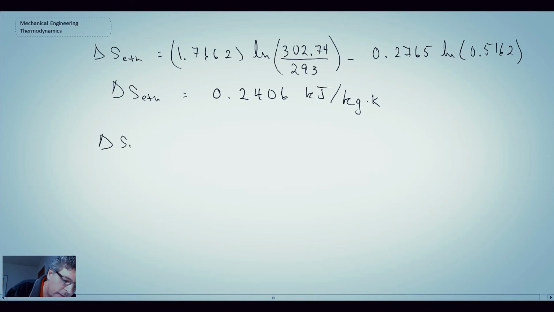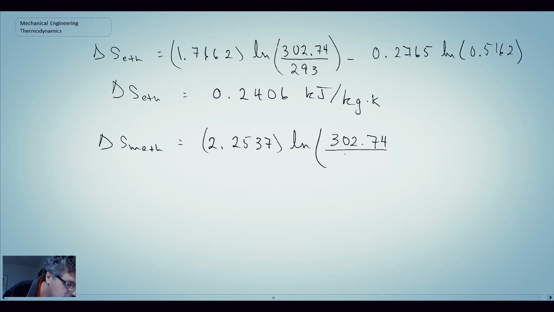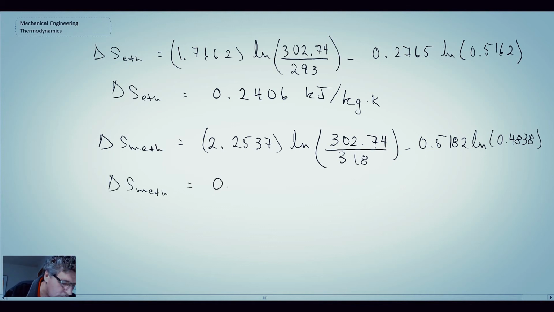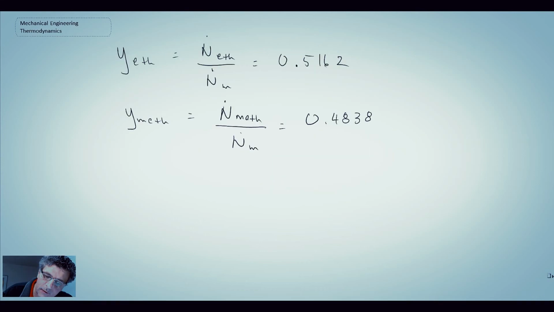And similarly for methane. So with that, we can go back, let's see, where was it?